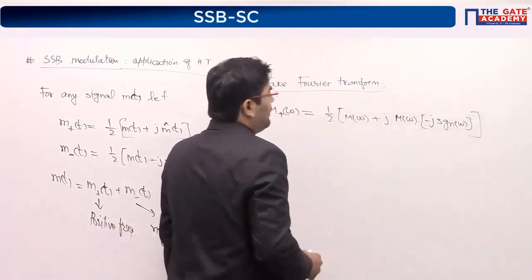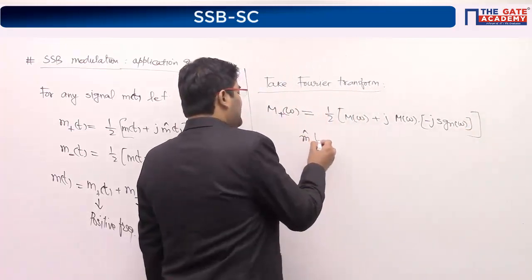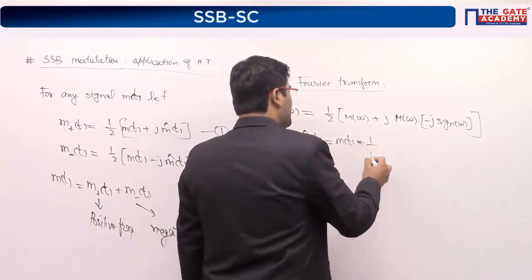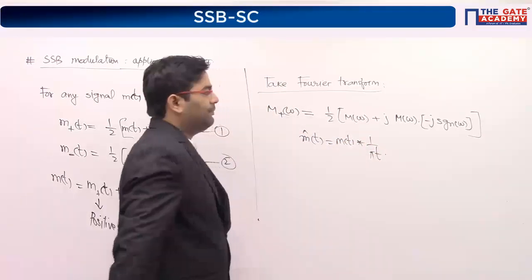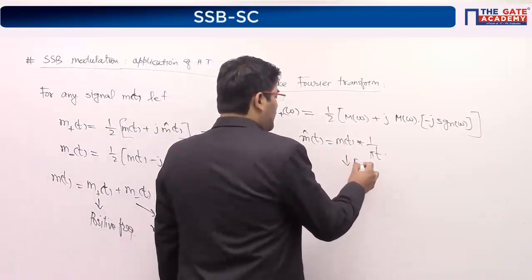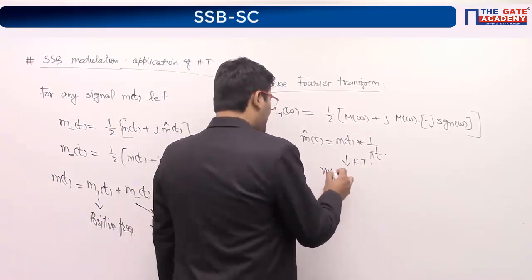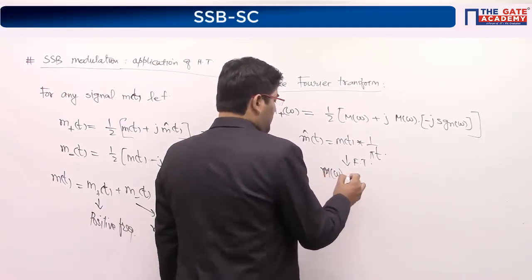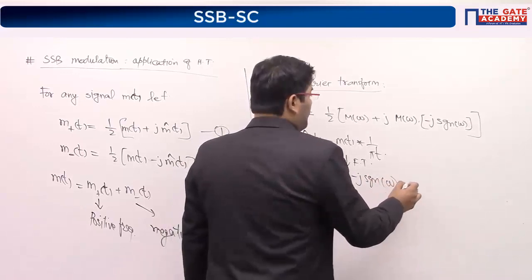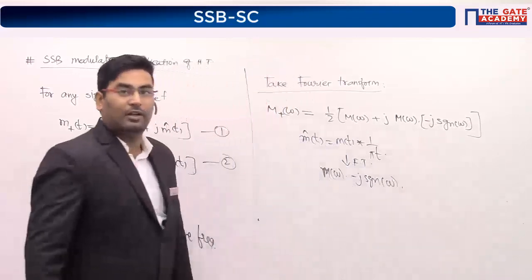Yes or no, guys? Because see guys, you need to understand, m hat t is nothing but the convolution of m of t with 1 upon pi t. And if you take the Fourier transform, it will become m omega into minus j signum omega. This is exactly what I have written. Yes or no?